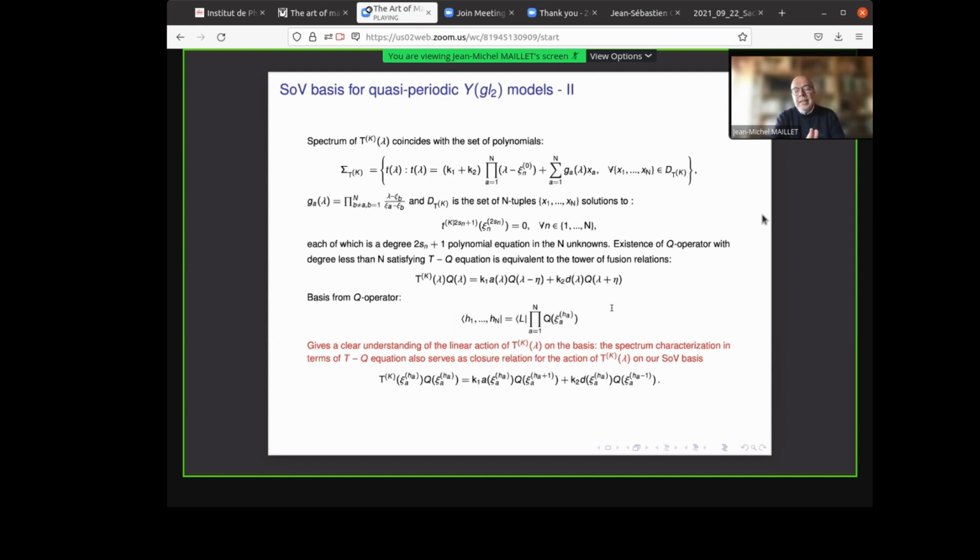And you get from this a clear understanding of the linear action of T on the basis, because you see the TQ relation is very nice. It says that TQ is just Q shifted plus and Q shifted minus, so it's linear in Q. And so when you act, if the basis is generated like here by Q operator, then acting with T on that basis is a linear action.